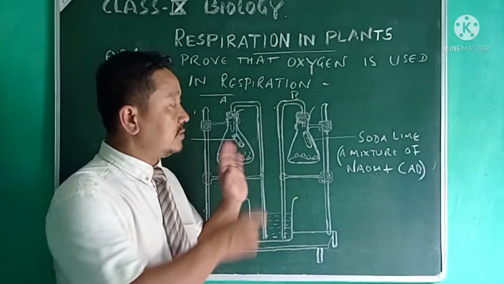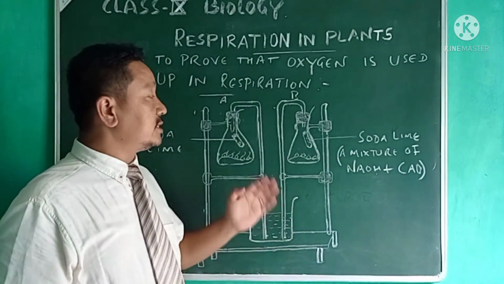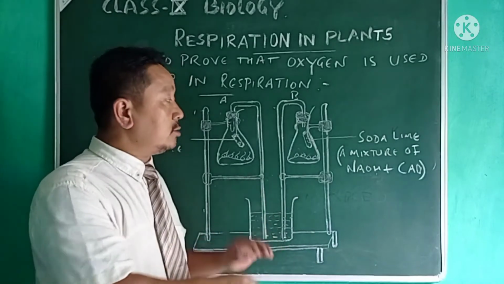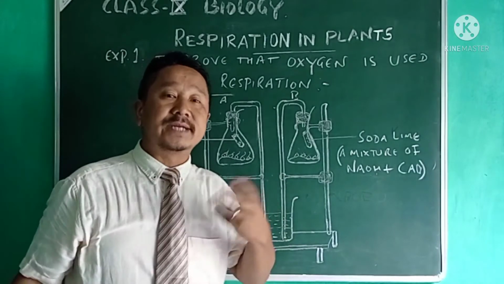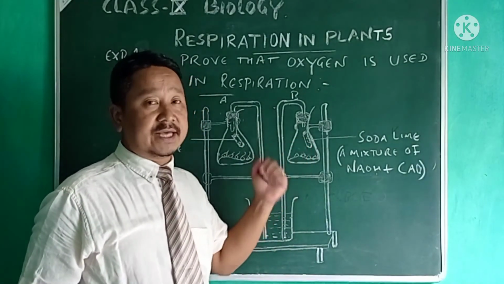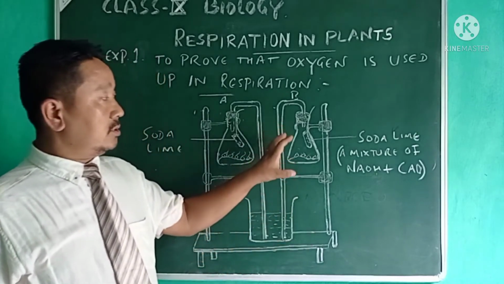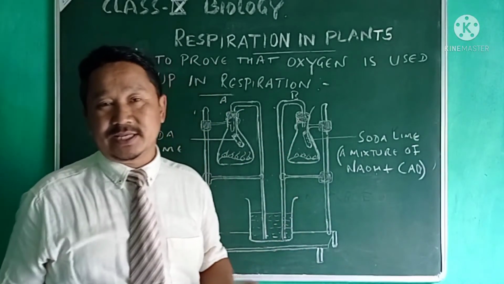Otherwise, if they are not treated with such chemicals, bacterial activities can occur there, and those bacteria would respire and use up the oxygen present there. So they are treated with such chemicals so that there is no bacterial activity.